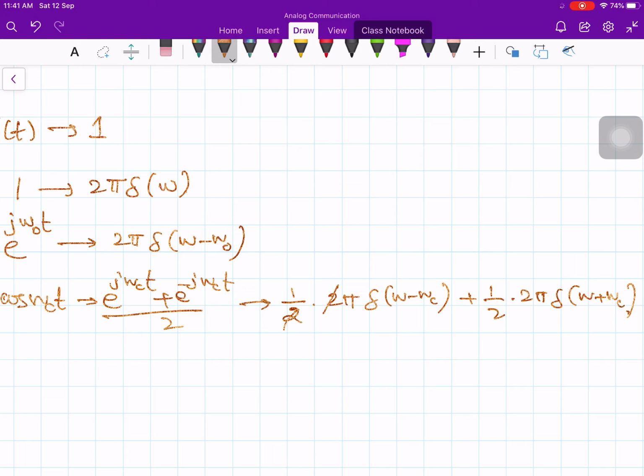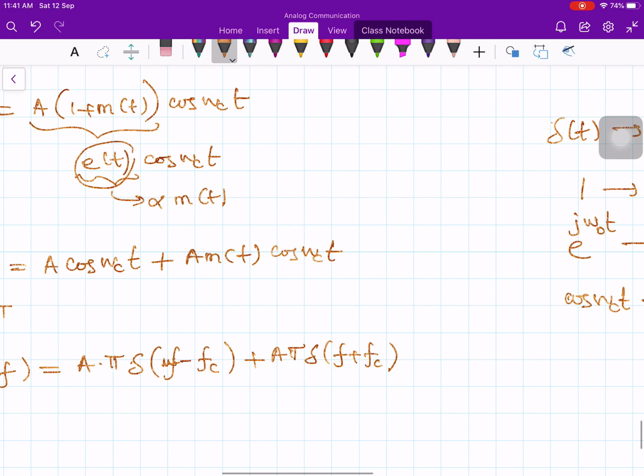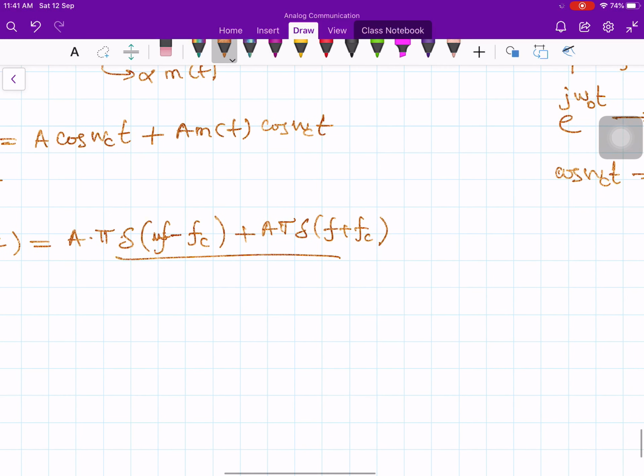The 2 will get cancelled. So pi times delta of omega minus omega c. Instead of omega, I am putting f minus fc. So that's how this expression has come. Plus, you take the Fourier transform of these two terms: A times m of f minus fc plus A times m of f plus fc.